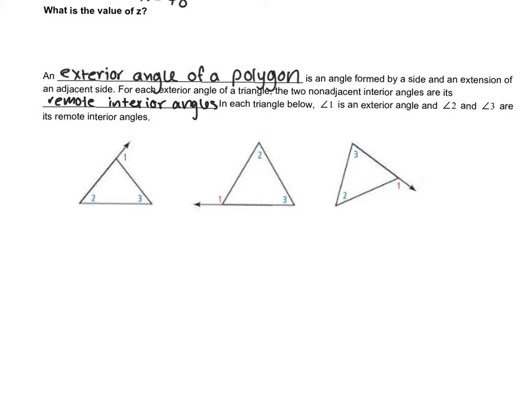In each triangle below, angle 1 is the exterior angle because it is outside of the triangle, and 2 and 3 are its remote interior angles because they are on the inside of the triangle. But the angles I'm marking here are not remote interior angles. Those are a linear pair, but 2 and 3 are, in fact, remote interior angles.